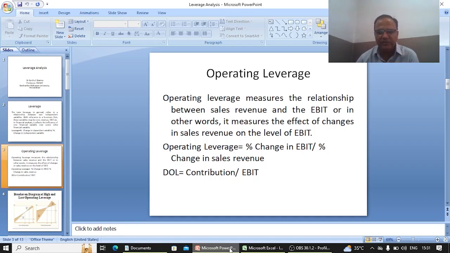There are two leverages, operating and financial. Operating means leverage or debt collected by the organization to run the business. And financial leverage means debt collected by the organization to start the business.